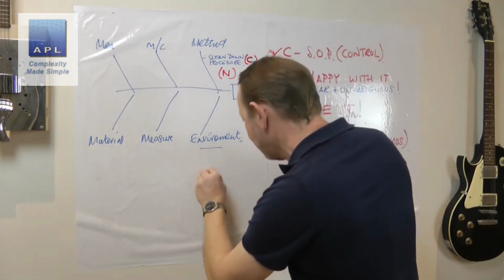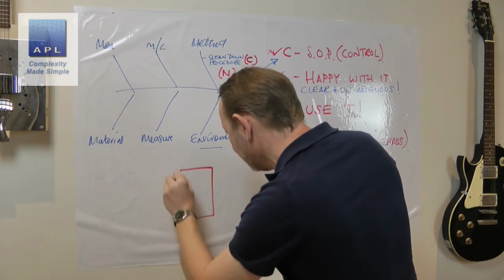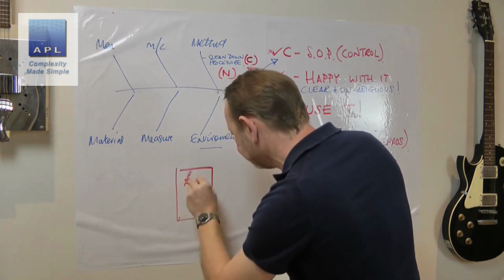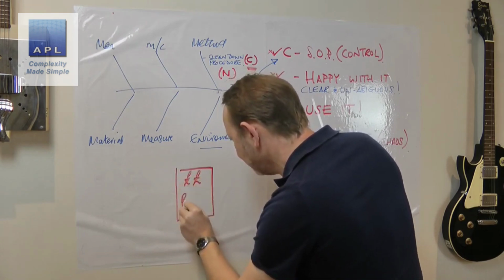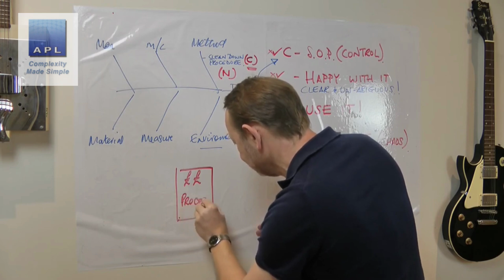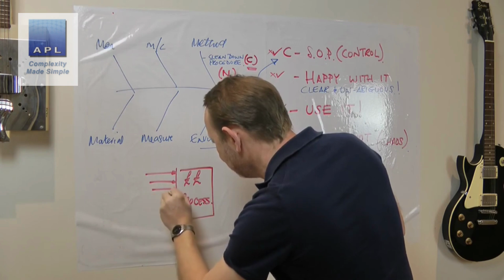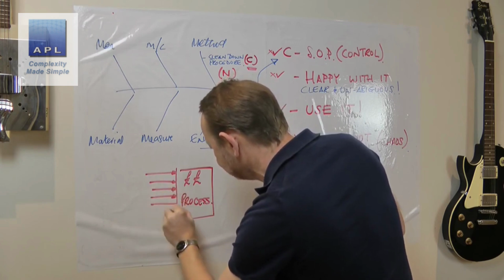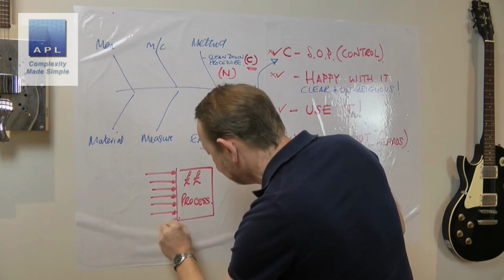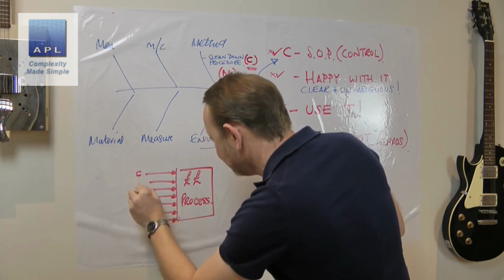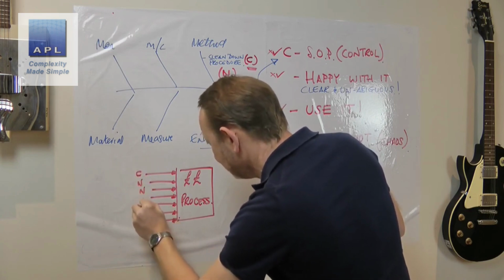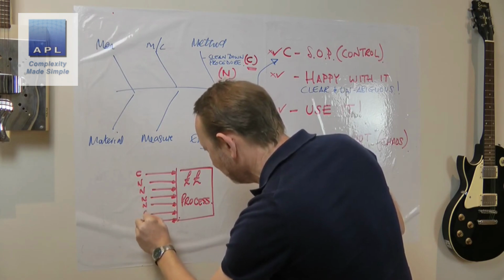So back to that diagram I drew before. You've got a process. It's a money-making process. You have many, many variables. Some of them C's, but a lot of them will be N's.